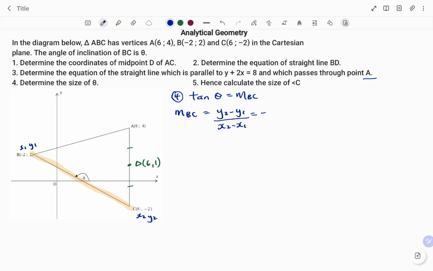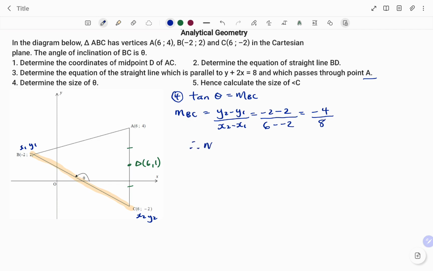Now y2, -2, minus y1, 2, divided by x2, 6, minus x1, minus 2. That will be -4 divided by 6 minus 2, that's 6 plus 2. That will give us 8.